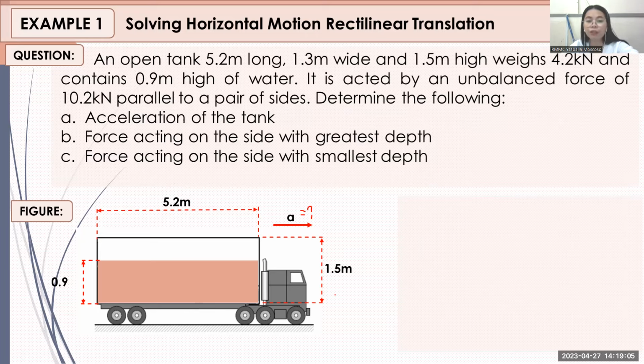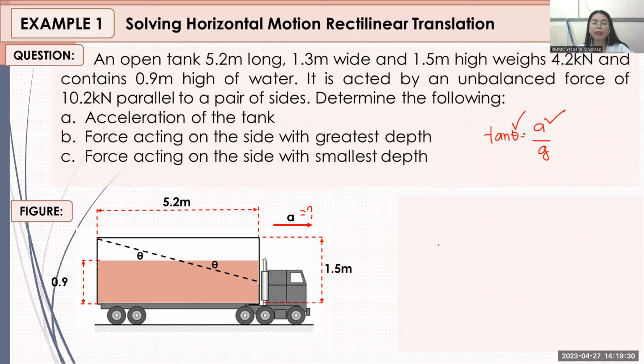So ano pa lang ba yung formula na kilala natin? The formula that we derived a while ago, that is tangent of theta is equals to acceleration divided by the gravity. But then, kung ito yung formula na gagamitin natin, we have two unknowns. Hindi natin alam yung angle, hindi din natin alam yung acceleration. But take note, binigyan tayo ng unbalanced force.